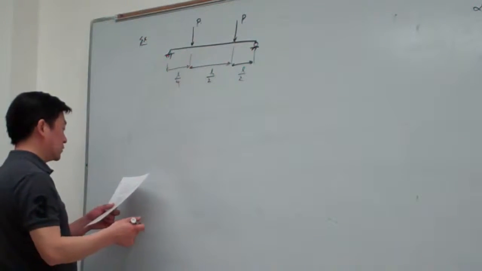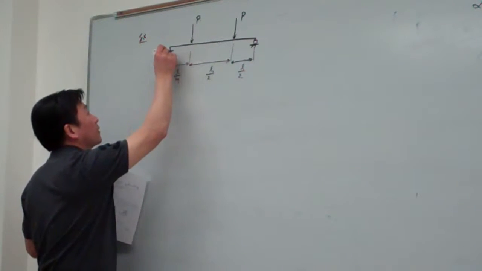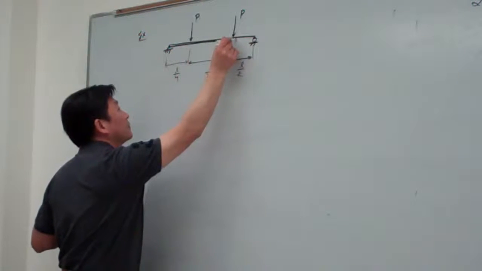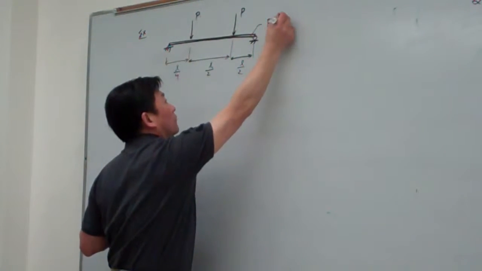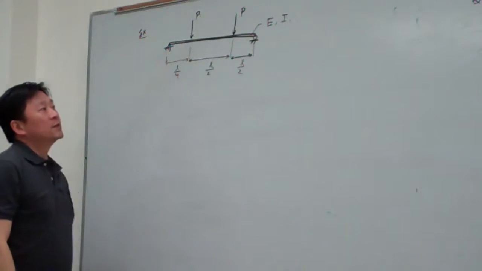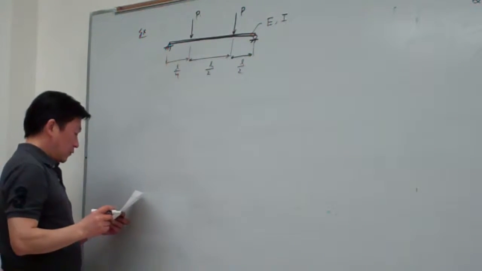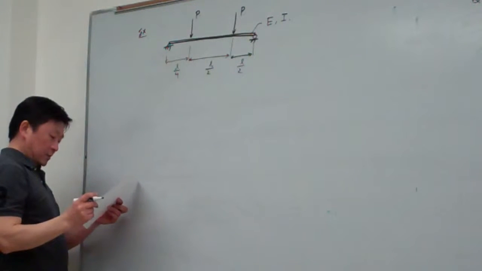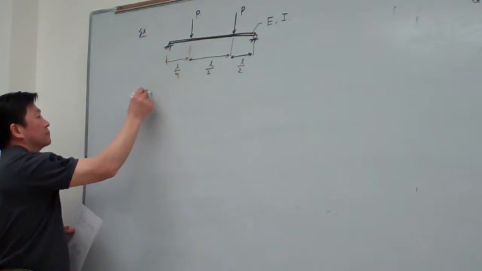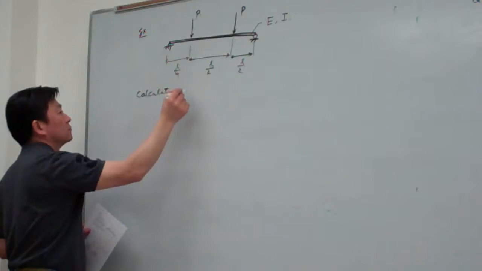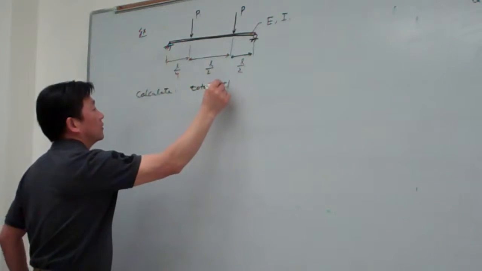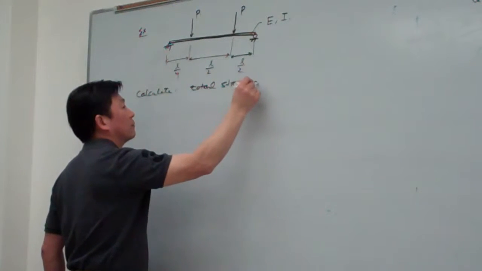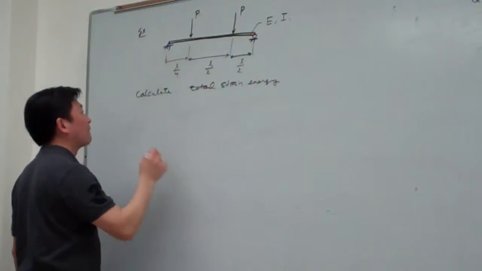Okay, so for these illustrations, we have the beams, we have Young's modulus, and we have moment of inertia. And so for this case, what we want to calculate is the total strain energy.